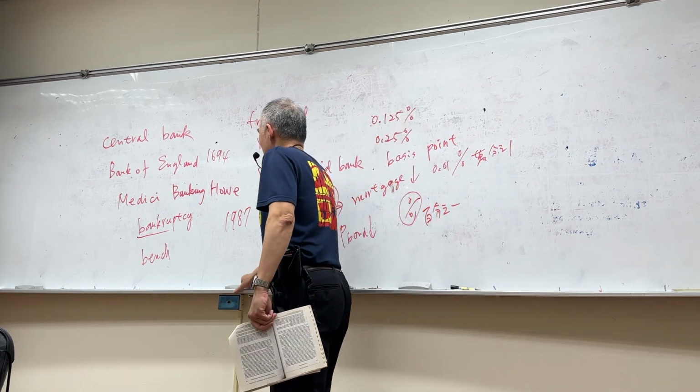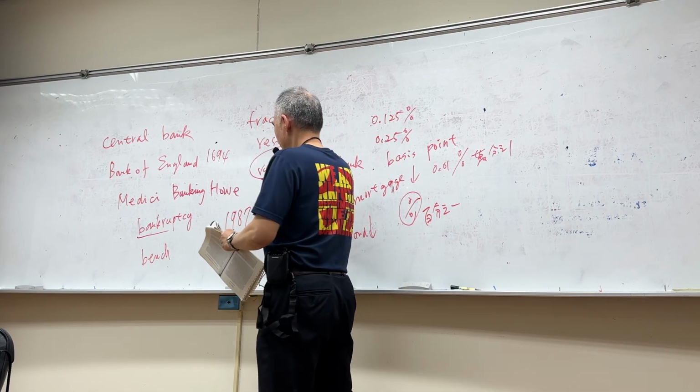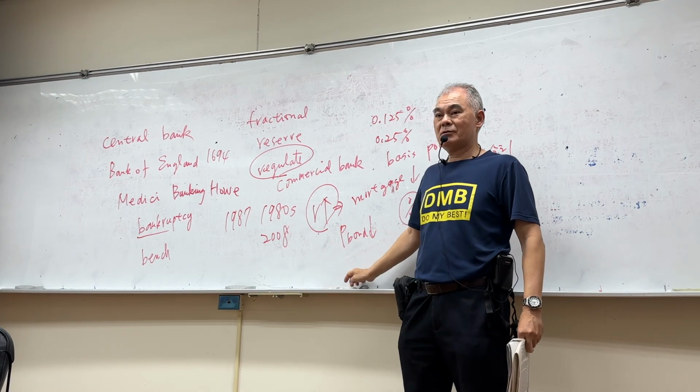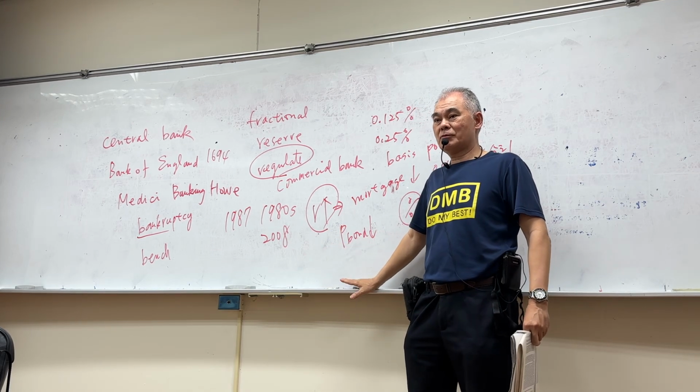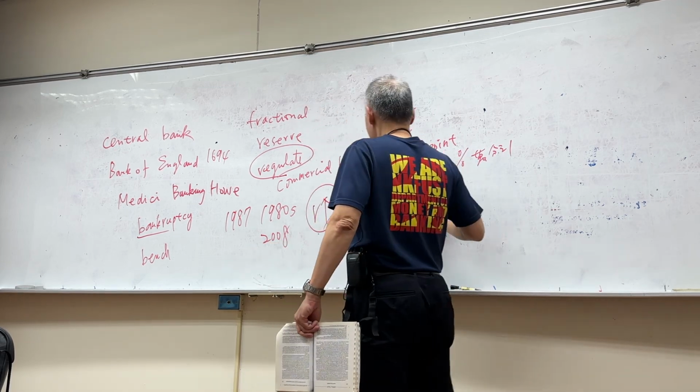Okay, so in terms of regulate central bank, there are a lot of issues. The books discuss this a lot. We don't have too much time to cover that. You are encouraged to read that on your own.